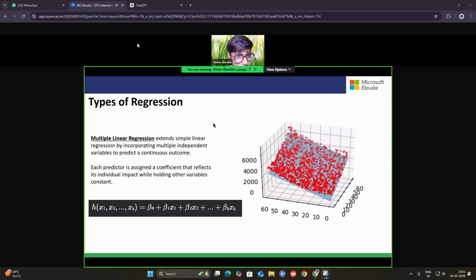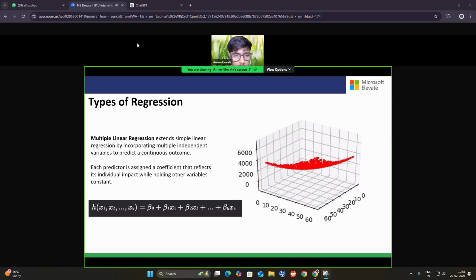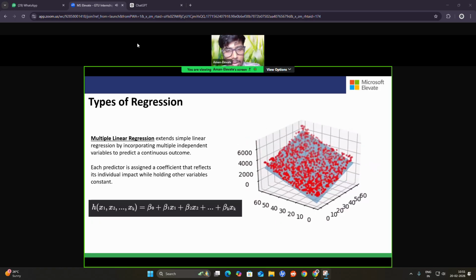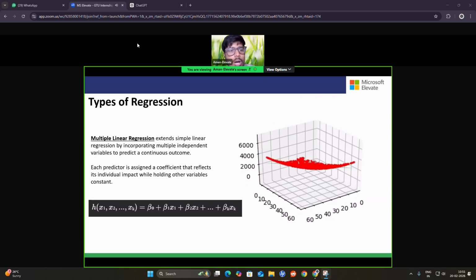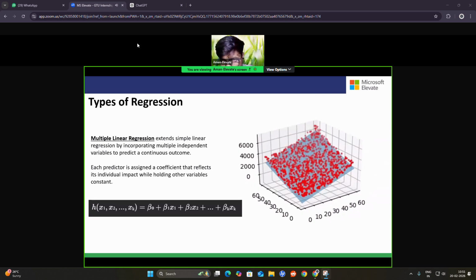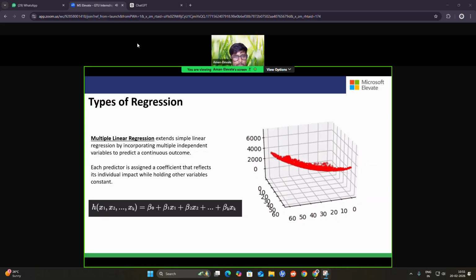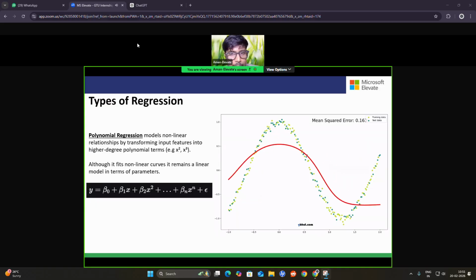No, right? Yeah, degree is 1. So this is the reason why we use multiple linear regression.